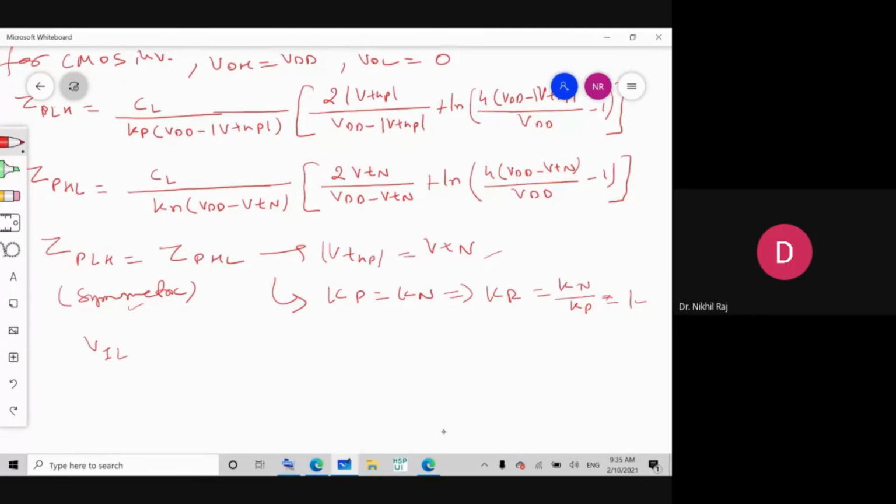Now we will recall the VIL and VIH expressions, and we'll see what the dependency is on Kr and VTH.